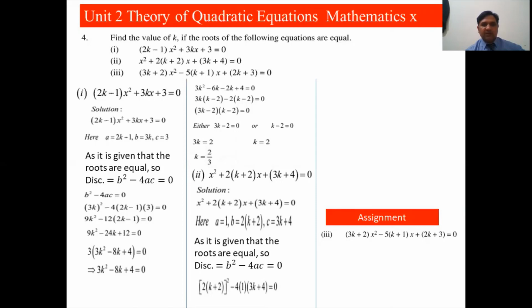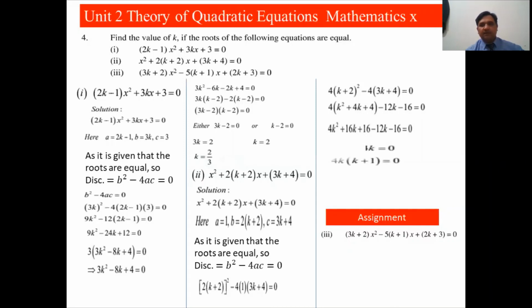After replacing the values of a, b, and c, and after simplification, we have 4k square plus 4k is equal to 0. Here we can take 4k as common, so we are left with k plus 1.